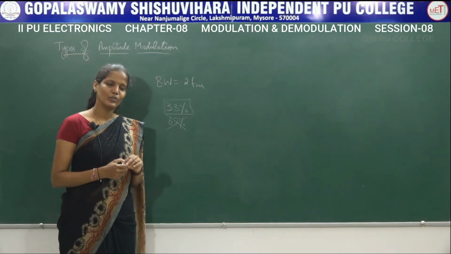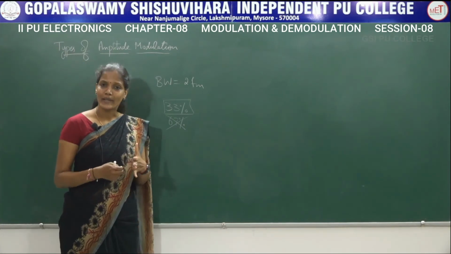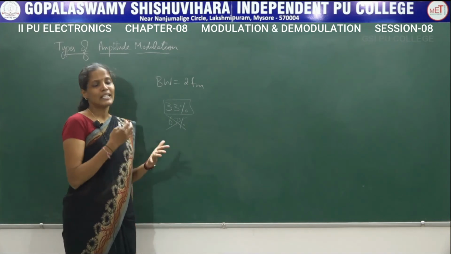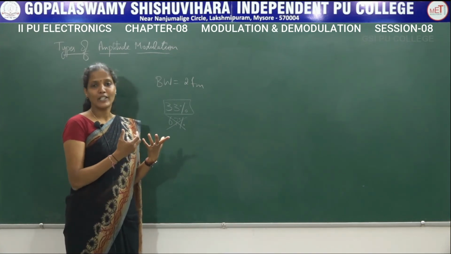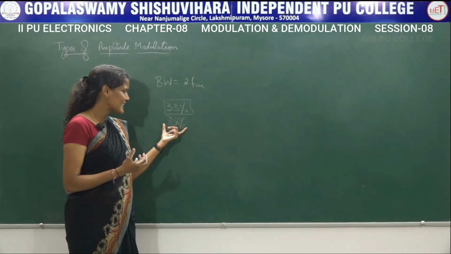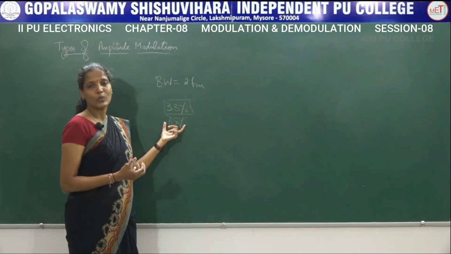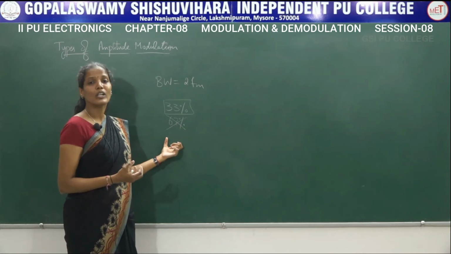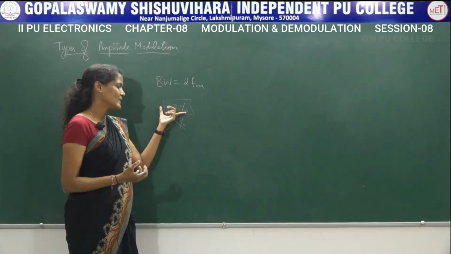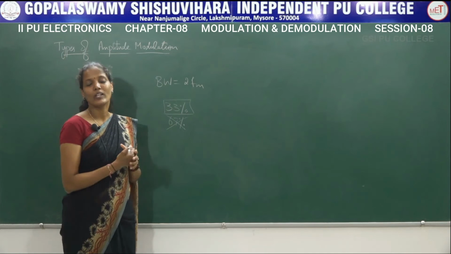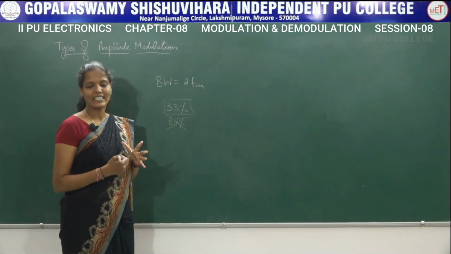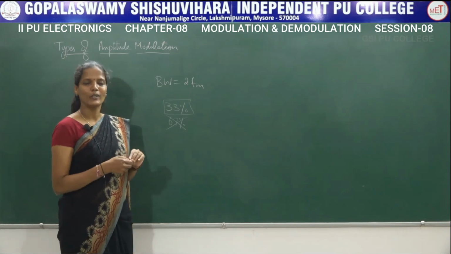So, what we are going to do is come up with different types of amplitude modulation, where we will be trying to minimize this 67%. That is, what is getting wasted will be minimized to a larger extent and the efficiency of the signal will become more. So, now let us see the different types of amplitude modulation.